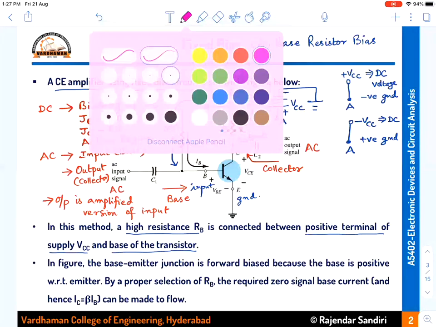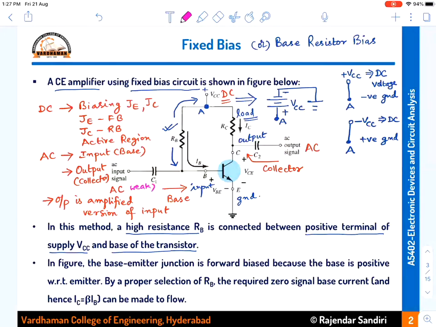This amplification, the output being strong compared with the input, is done by the transistor whose amplification factor is beta.